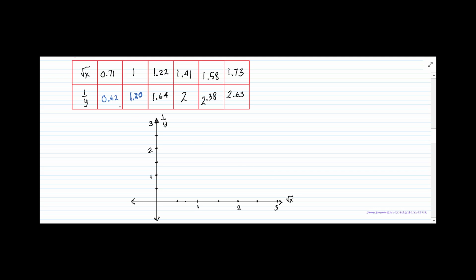Okay, let's try to plot the first point. The first point is 0.71, 0.62. I will assume that the point will be located at around right here. Okay, 0.71 and 0.62.